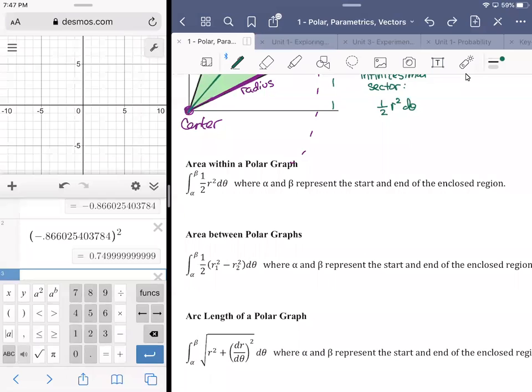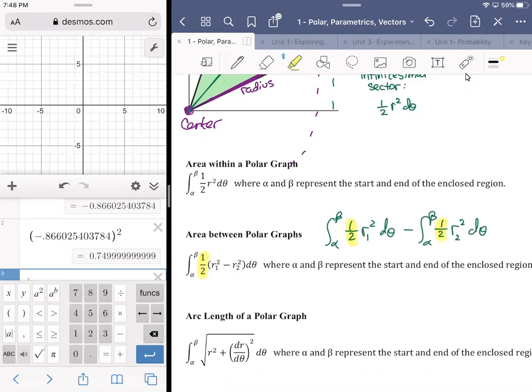But over the same interval, alpha to beta, you'd have 1/2 r squared d theta for the first function, and from that we would be subtracting the integral from alpha to beta of 1/2 r squared d theta for the second function. And then you can see here that we have a common 1/2.